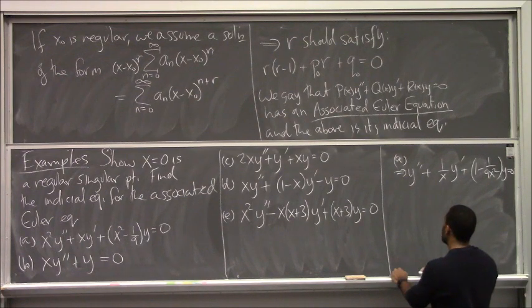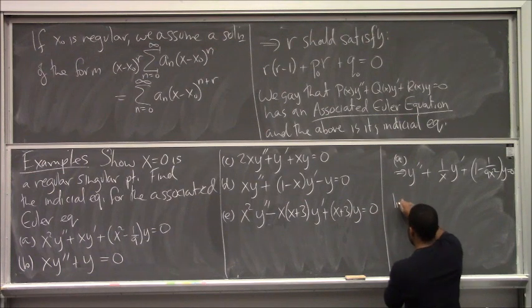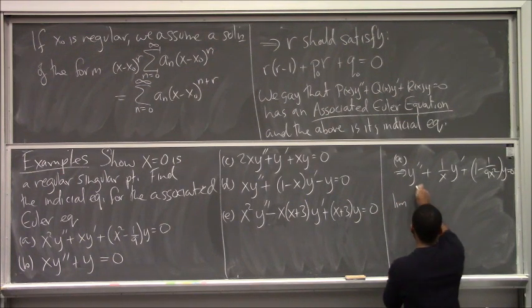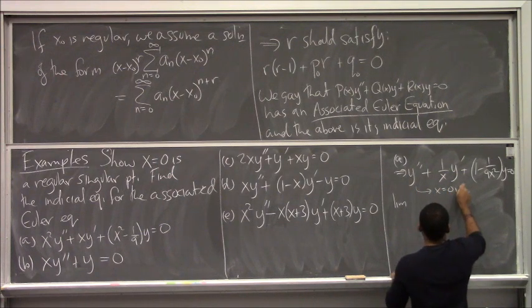How do I know it's regular? There was a test for that, right? Yes. R over P should be finite, so 1 over x as x goes to x naught. The limit at, what is our x naught here? So this tells you that x equals 0 is a singular point.